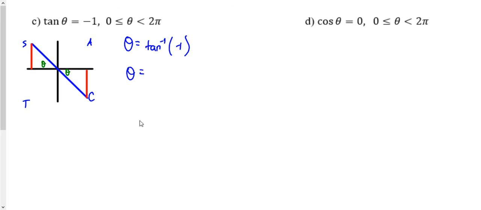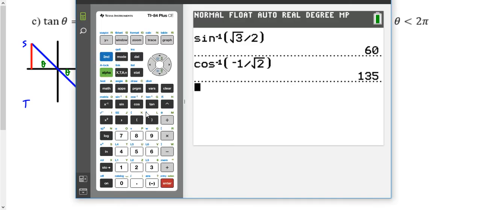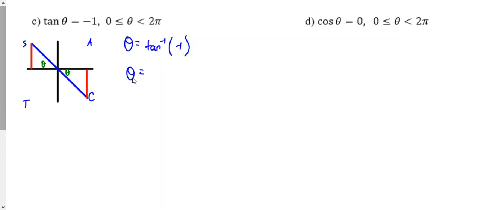So theta here is going to equal -45 degrees. So -45 could definitely fit right in here, or let's figure out our reference angle. So our reference angle has to be 45 degrees.